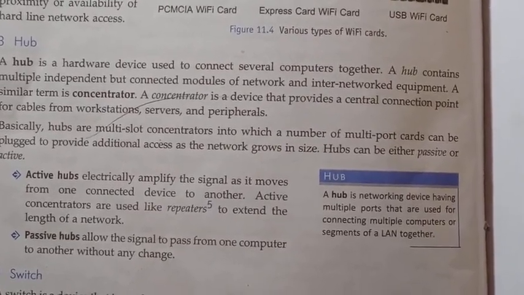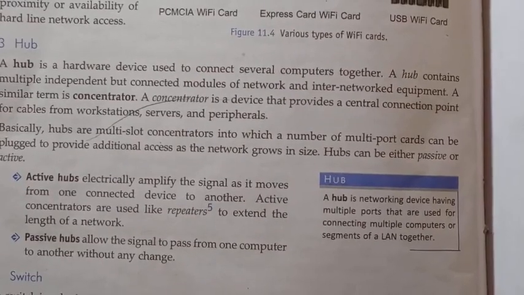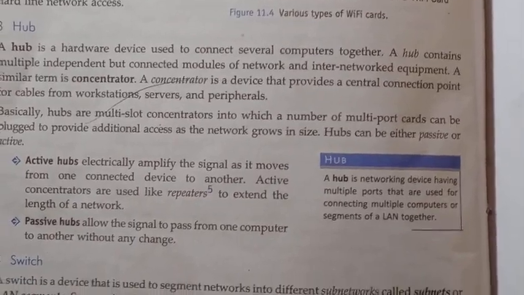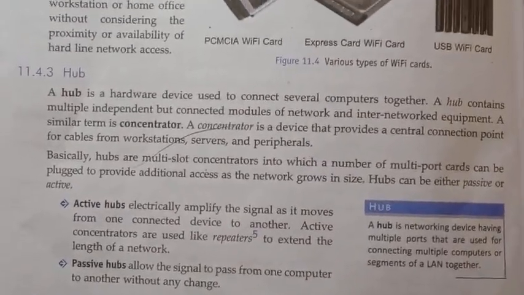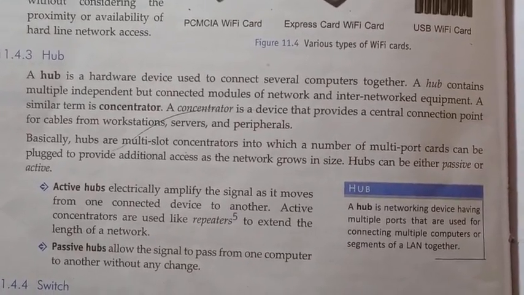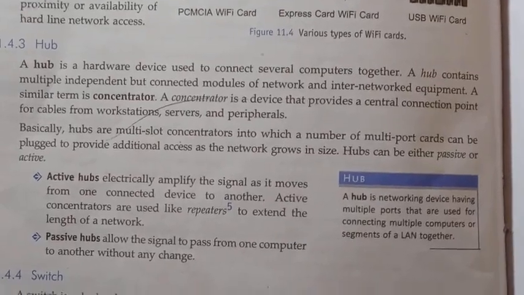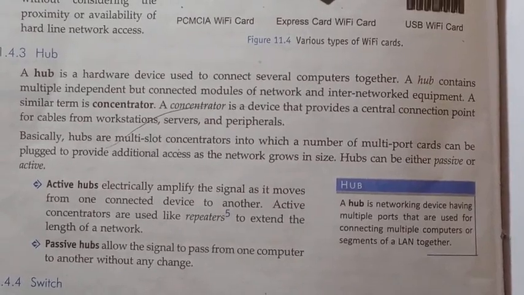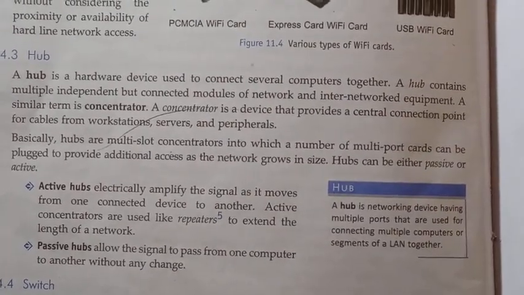In an active hub there is a repeater, which amplifies the signal. If the network is too long, during transmission the strength of the signal is reduced. At that time the repeater inside the active hub regenerates, that is, amplifies the signal.